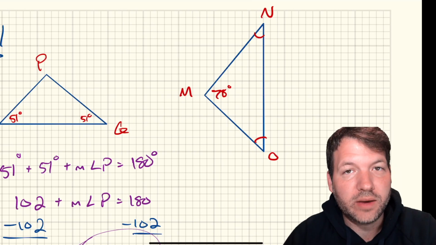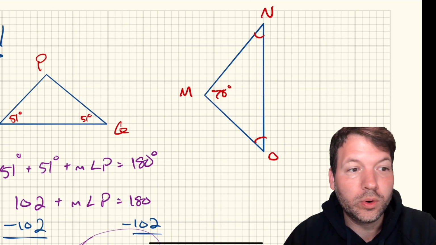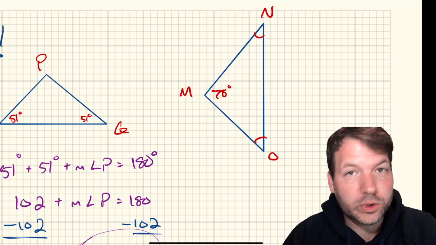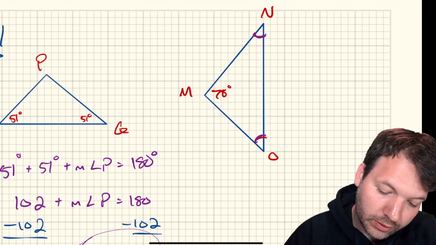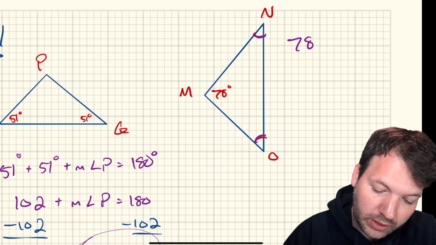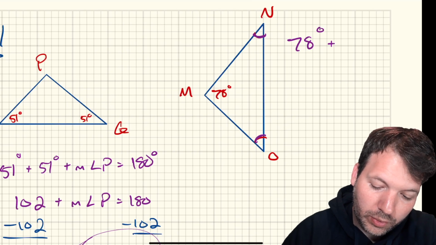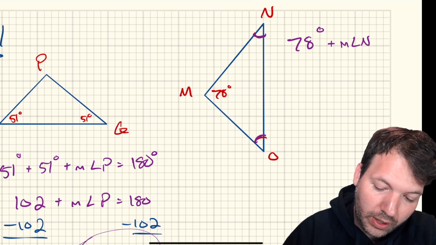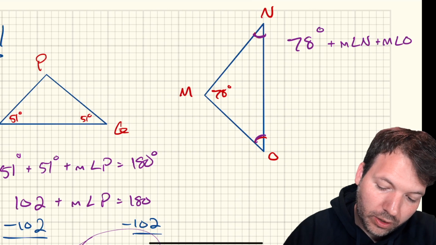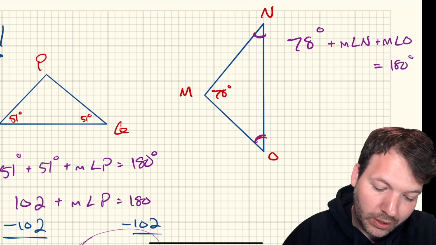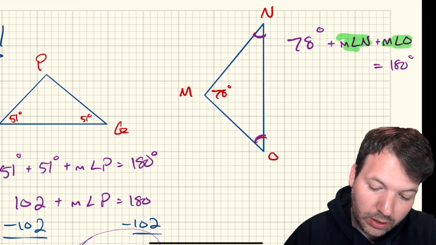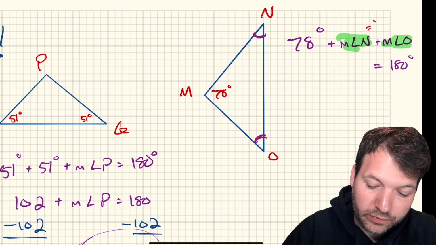Now it's not good enough to have just a single angle in common. We need more than one angle in common. Fortunately, because we have these congruent markers, we're going to be able to find those other two angles. In this case, we could say 78 degrees plus the measure of angle N plus the measure of angle O equals 180 degrees. But again, we know that the measure of angle N and the measure of angle O are the same thing. Let's call them X, just for fun.